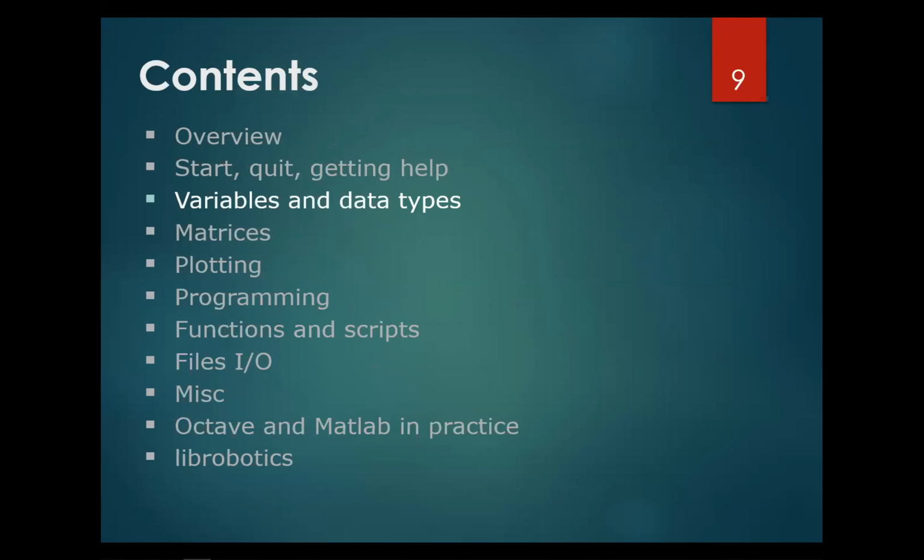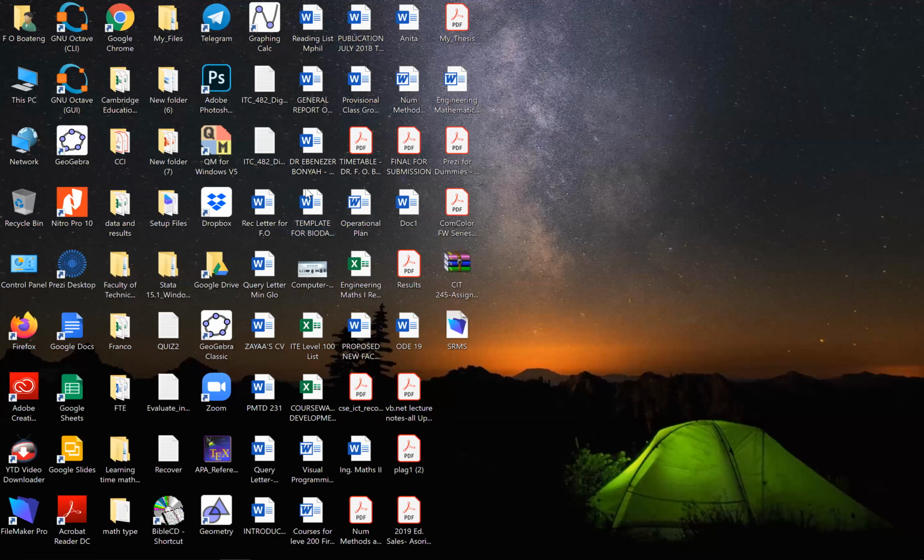So let's see how we can launch our Octave. So I'll share my desktop. Okay. So when you go to the desktop, when you install Octave, we have two icons.